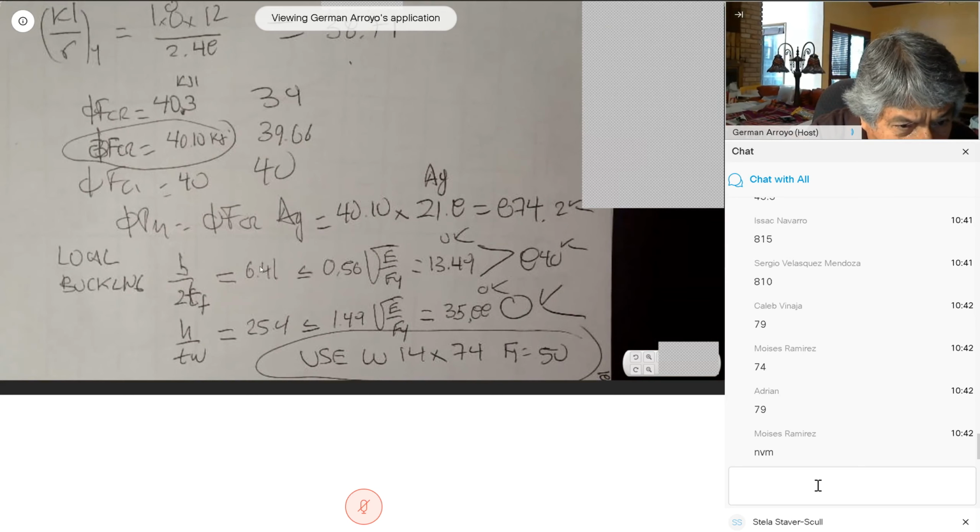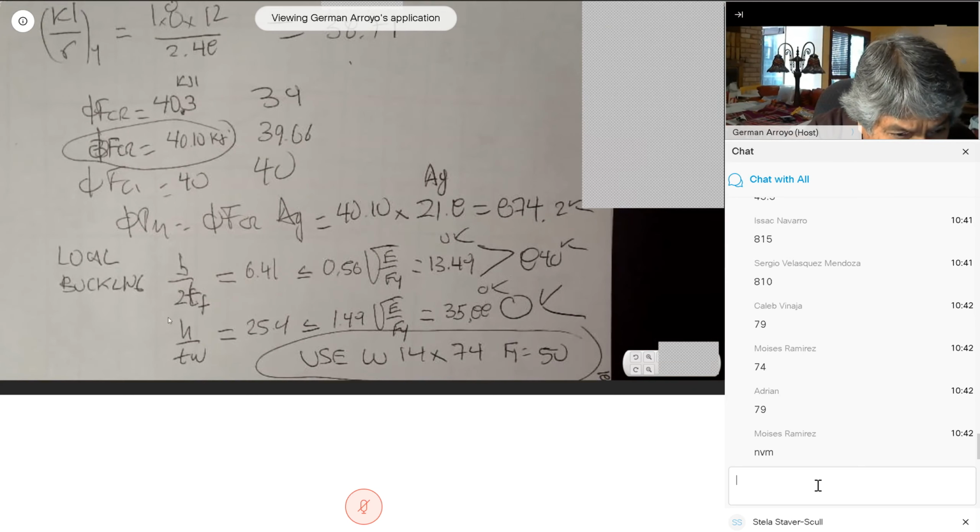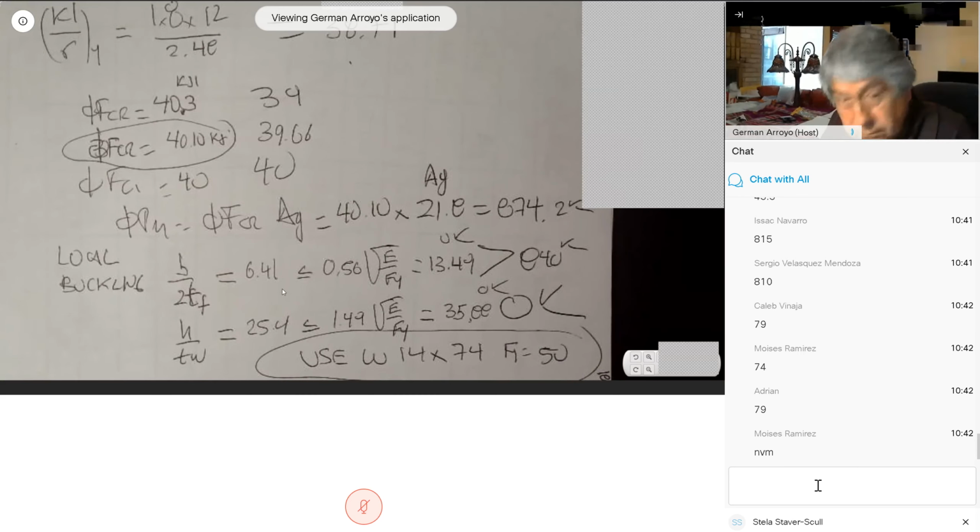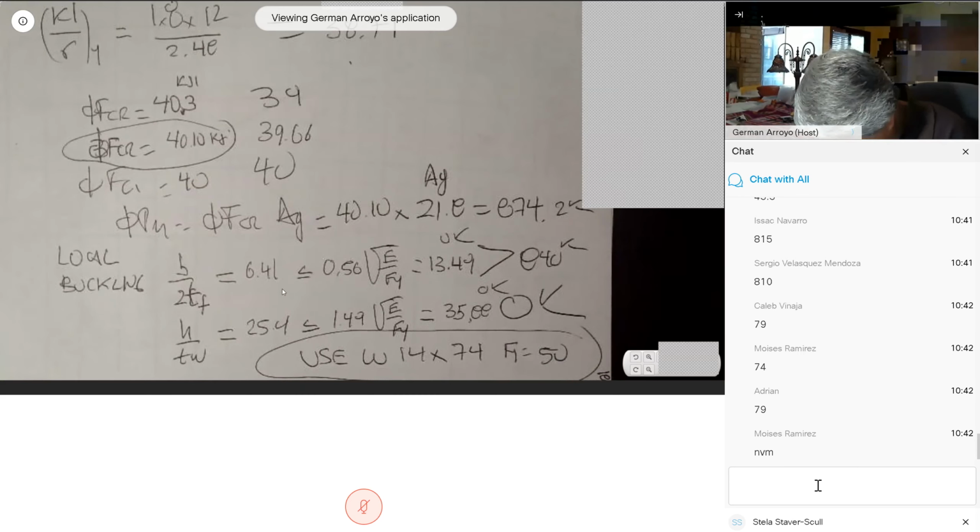This value is given. On the second column, h over tw is 25.4. Anybody that has already found it, let me know, or I will show it to you. Anybody? Chapter 1, go to the W14 by 74. Nobody can find it.